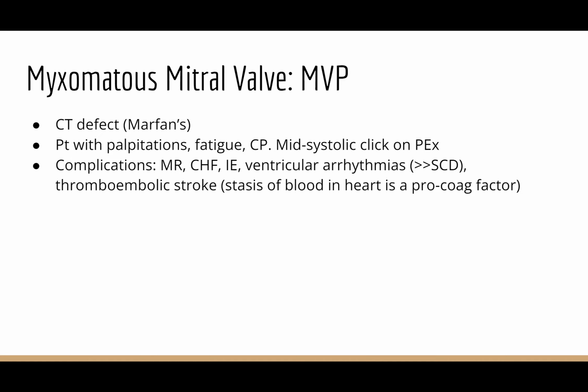So anytime you increase preload or afterload, it'll actually decrease the sound of the murmur. Take, for example, doing the Valsalva maneuver, that's actually a process of decreasing preload, okay? So if they say a patient does the Valsalva maneuver and the murmur gets louder, it's mitral valve prolapse.